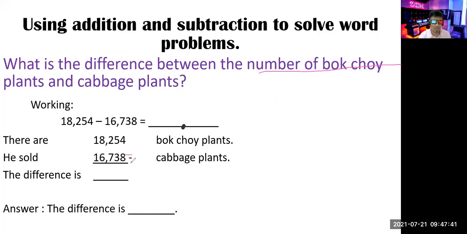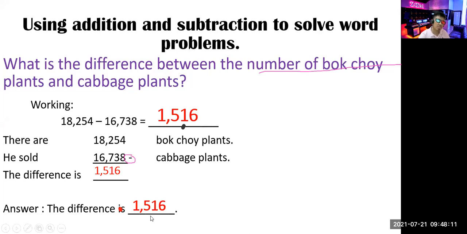Okay, if we subtract 18,254 minus 16,738, what's your answer? If we subtract these two numbers, the answer will be 1,516. So we will just write it here, as well as here, and then here at the bottom.